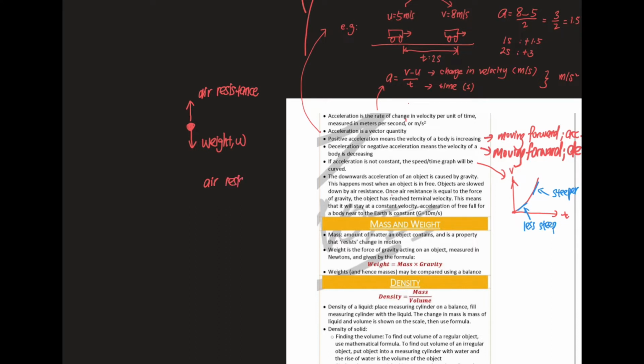So how does this happen? Okay, I give you one example. Let's say you stand on a cliff, holding a particular object. Let's say this is your hand, you are holding a particular object. You release the object, so the object will fall down.